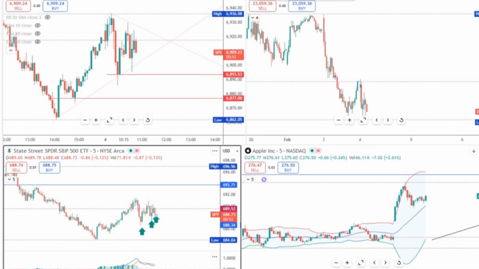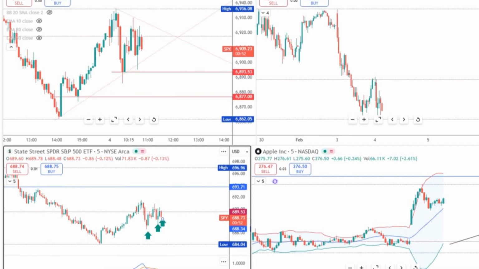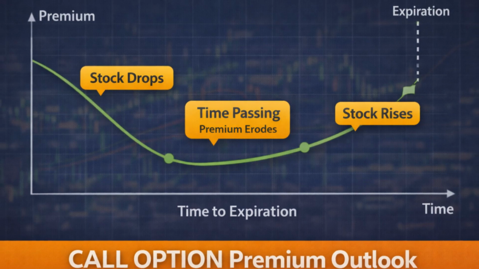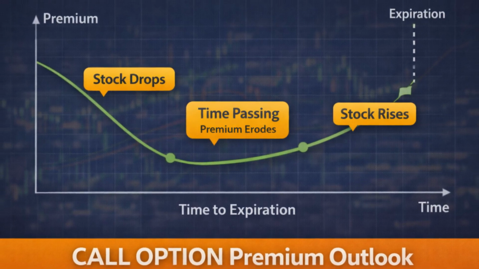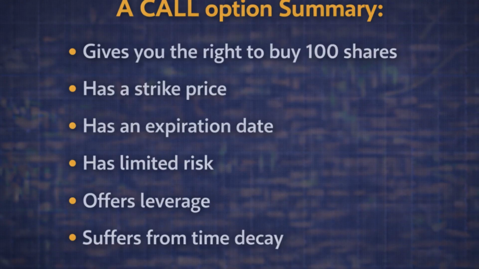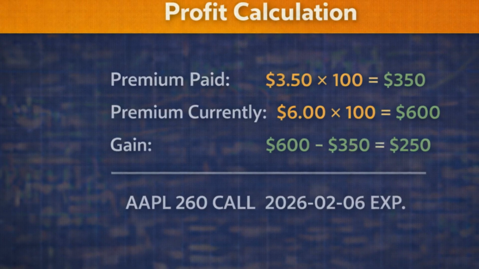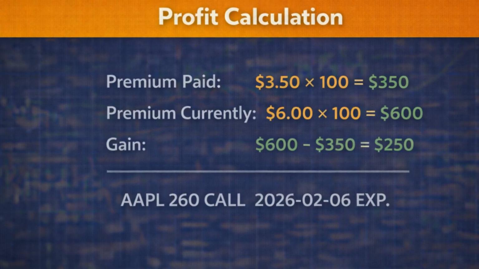When buyer and seller agree at a specific price, say $3.50, the trade happens. That $3.50 is called the premium. Since one contract represents 100 shares, $3.50 times 100 equals $350 total cost.